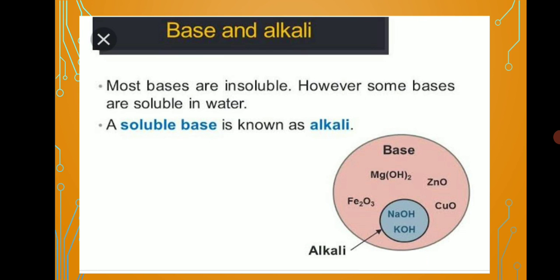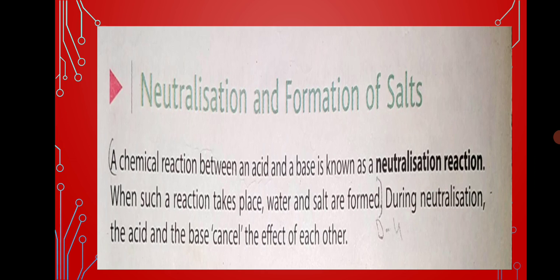There are some bases which are insoluble in water, but there are some bases which are easily soluble in water. The soluble bases are known as alkalis, like sodium hydroxide NaOH, potassium hydroxide KOH, zinc oxide ZnO, etc. Now the term neutralization and formation of salt.